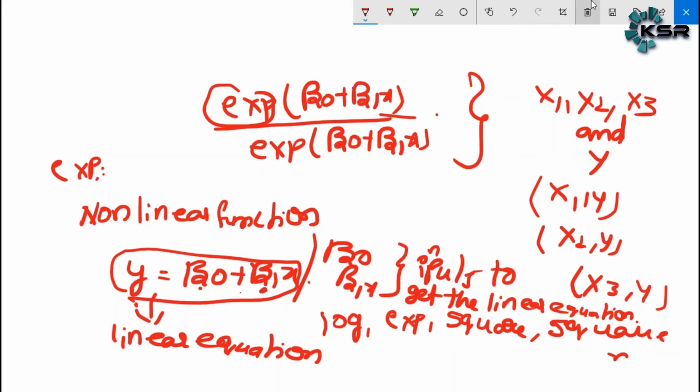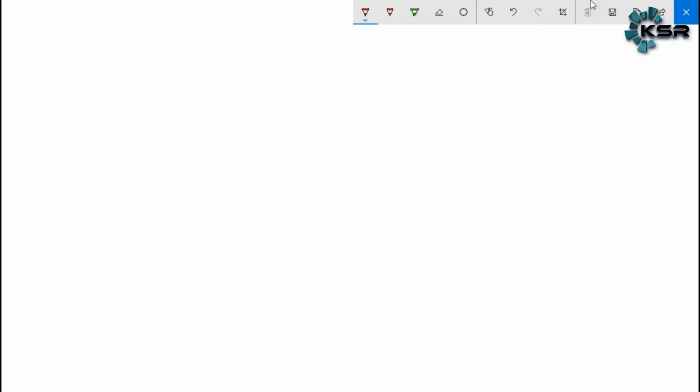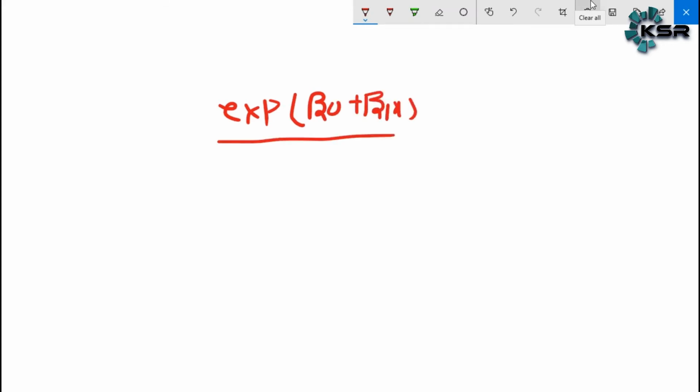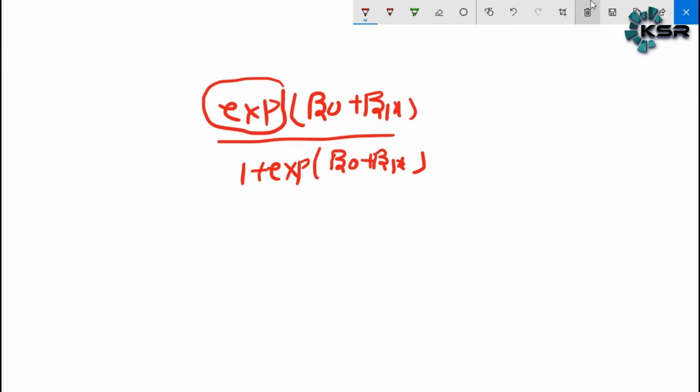So we can say it like this: exponential of beta naught plus beta 1x divided by 1 plus exponential of beta naught plus beta 1x. So simply we can say exponential is a non-linear function, and beta naught and beta 1x are the linear inputs.